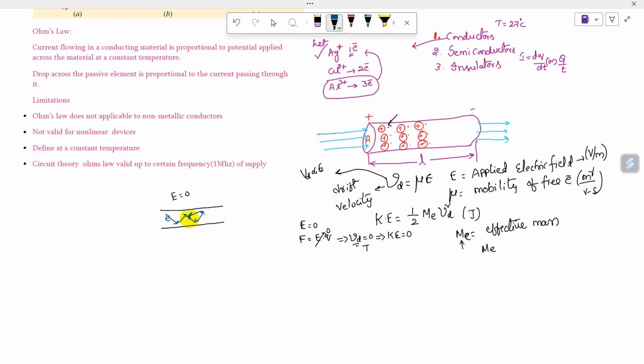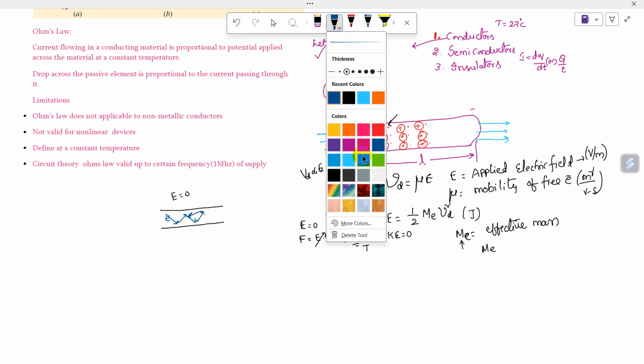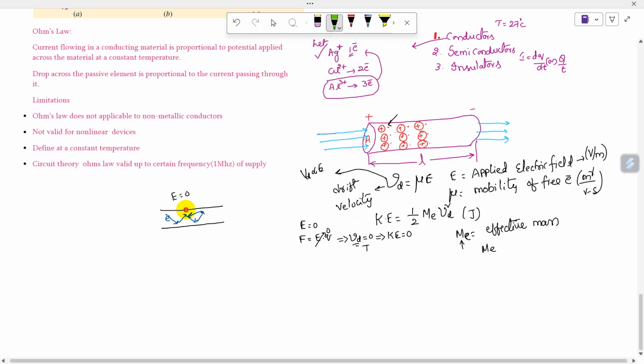Upon considering a cross section like this, the net charge flow through this conductor will become 0. So drift velocity 0 means this.